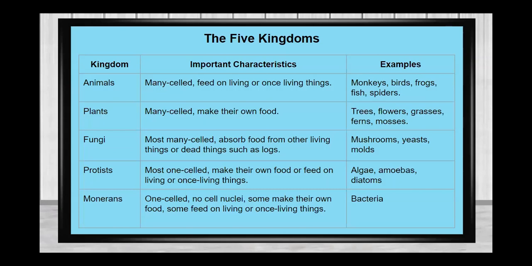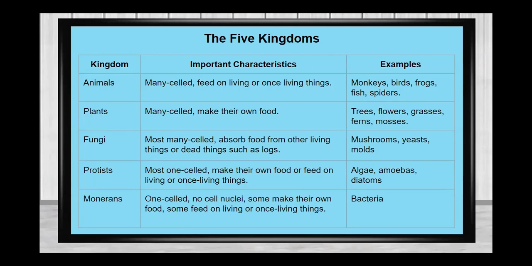The last 3 are the ones that are not quite as easy to identify or know the differences right away. Fungi might be, because some fungi are easy to identify. Most fungi are multicellular. They do not make their own food. They have to absorb food from other living things or dead things, such as logs.